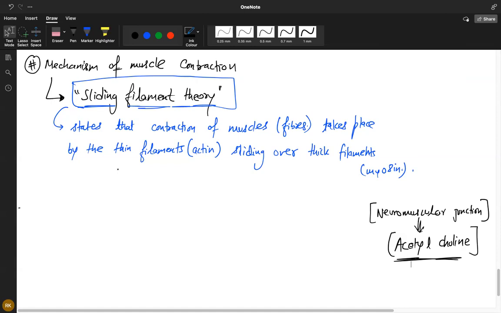And because there was no calcium, that calcium was not binding to troponin. And because it was not binding to troponin, it could not remove troponin from where it is sitting on the tropomyosin. So the binding site for myosin will be covered. When calcium goes in, it will bind to troponin and will remove the troponin from the active site of myosin. And now it is free, right? Story is clear till here?